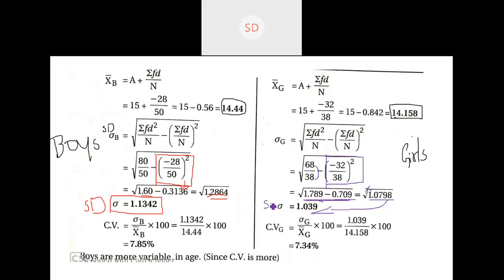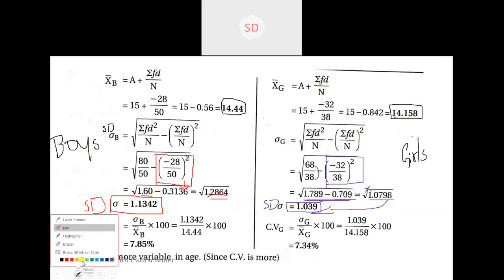Now, once we find the arithmetic mean and standard deviation, we will have to go on and find the coefficient of variation. This is very, very important to get the conclusion. Now, what is the formula for it? That is standard deviation divided by arithmetic mean of boys. That is why B is considered.